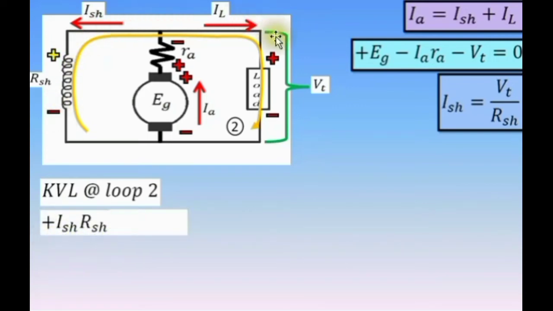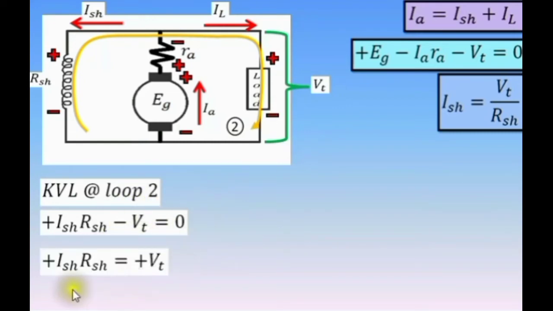Then the loop goes to the terminal voltage, so we have there negative VT, and equate that to 0. Transpose negative VT to the other side of the equation, we have positive VT. Cross-multiplying the shunt field resistance to the other side of the equation, we have ISH equals the terminal voltage divided by the shunt field resistance, which is just the same as what we have analyzed a while ago.